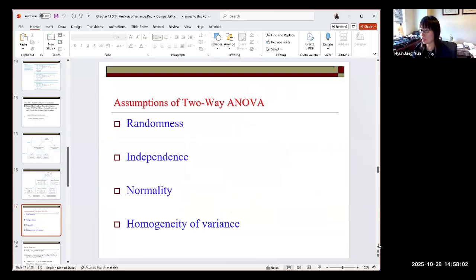We want to make sure that each group you are comparing, for the main effect and also the interaction effect, across all six cells, is randomly selected, and that each individual sample in each cell is independent, so that when we draw information from that, it's representative.